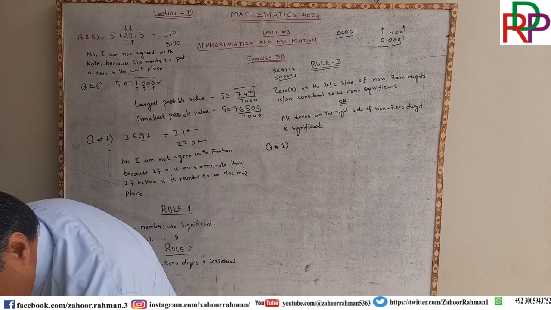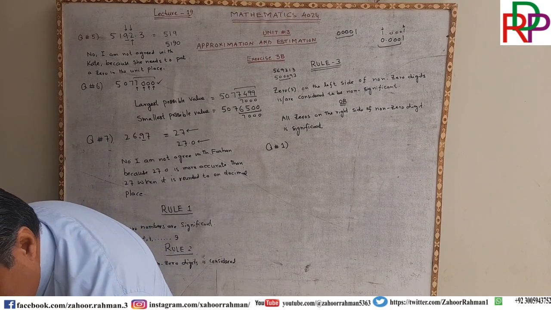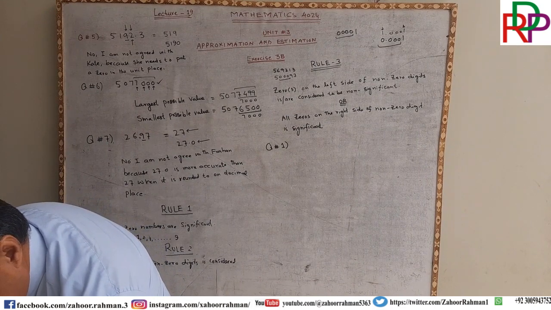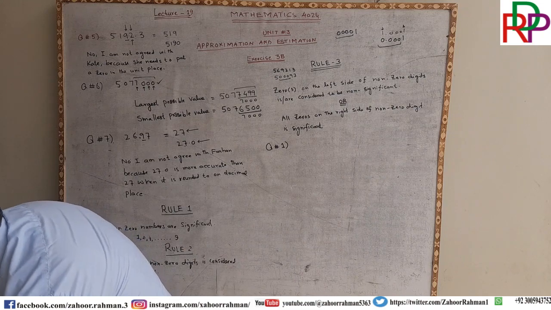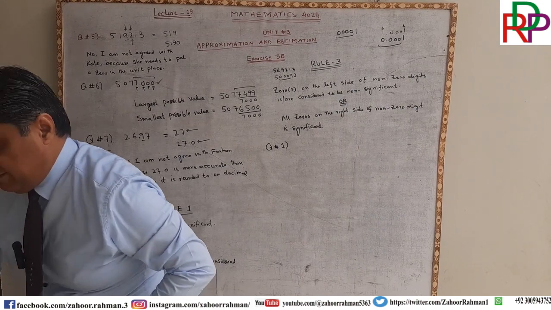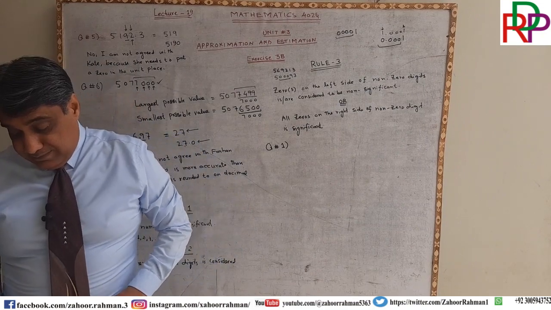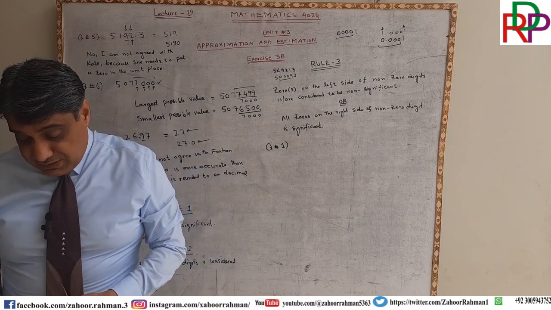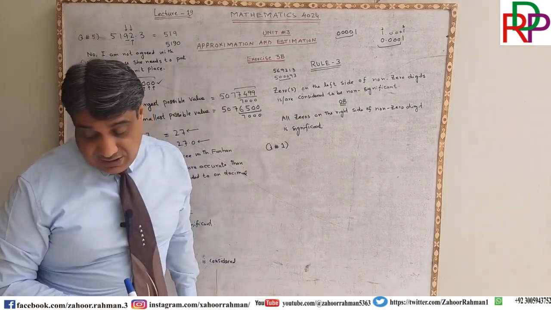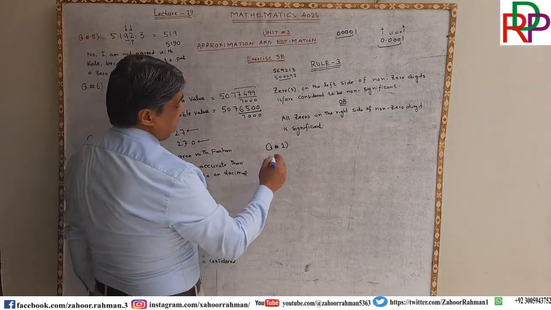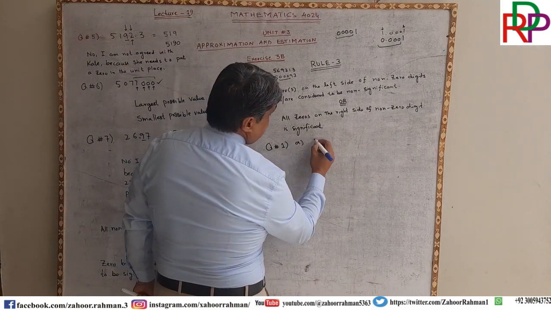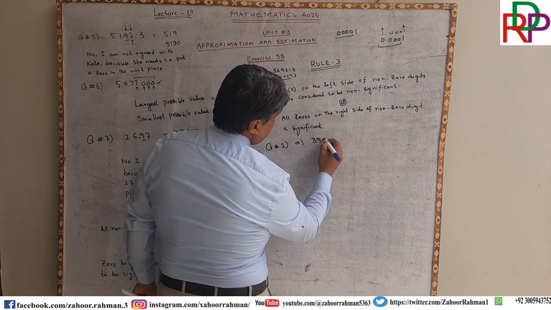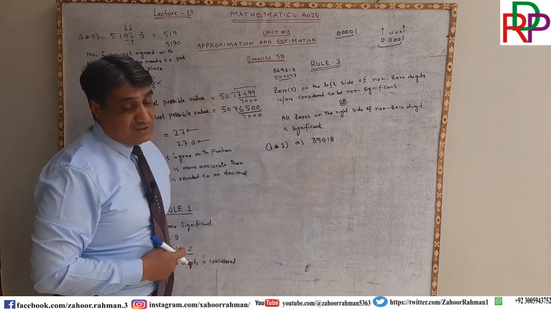So let me move my focus first to exercise 3b, and they are saying 39,018, A part, 39,018.